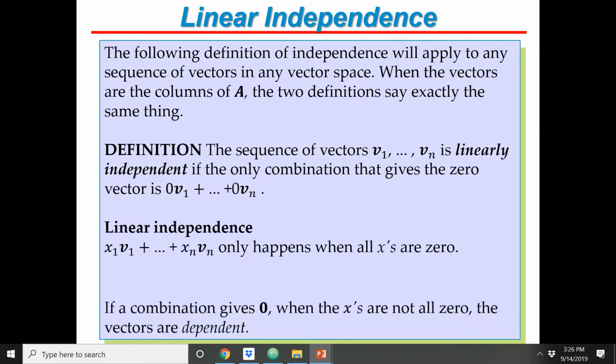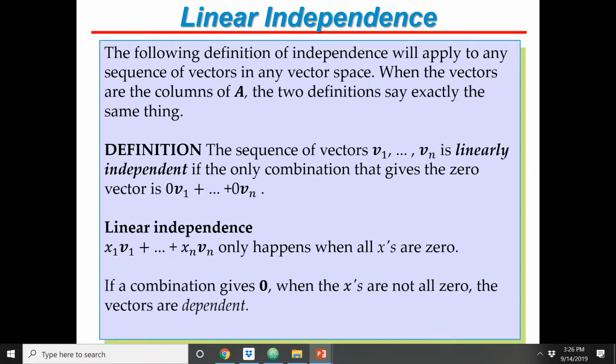If you can find some combination with some of the coefficients not zero, that effectively means that one vector can be written as a combination of the other vectors, and this is what we call it when we say that the vectors are dependent.